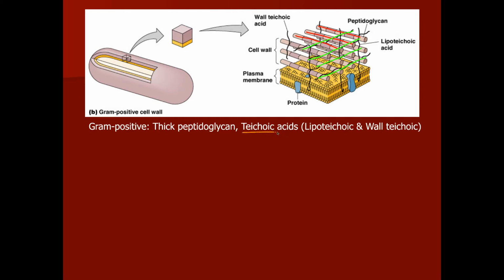So teichoic acids are known to tie together, so we see these layers being tied together by something called teichoic acid. Okay? So gram-positive organisms have many layers of this peptidoglycan, thick peptidoglycan walls, and teichoic acids are known to be associated with those gram-positive organisms.